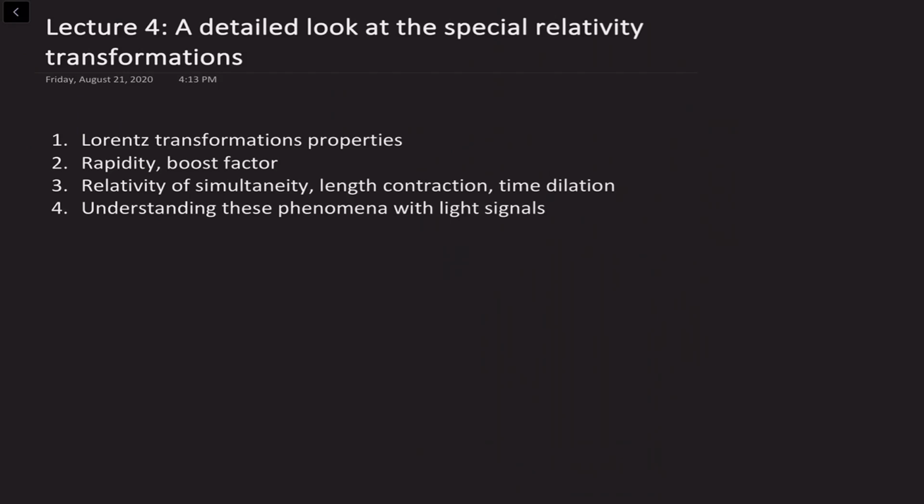So let's begin by first writing down the Lorentz transformations that we derived in the last class. These Lorentz transformations are the dictionary of special relativity, which will allow us to translate observations of space-time points as described by one observer to the same space-time points as described by a second observer. So let's write down the dictionary first.